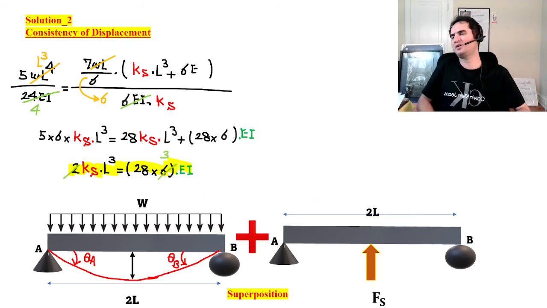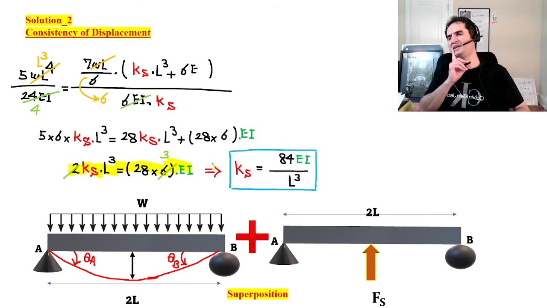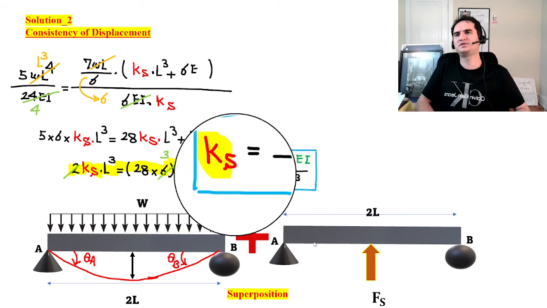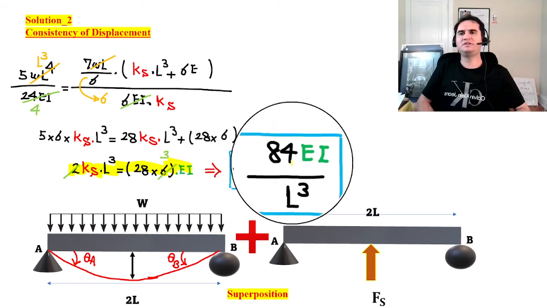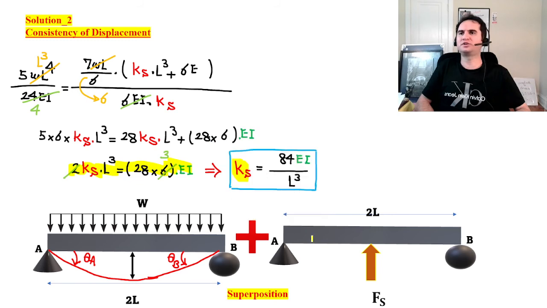If you rearrange it a bit more, it gives you Ks, the stiffness of the spring, is 84 EI over L cubed.